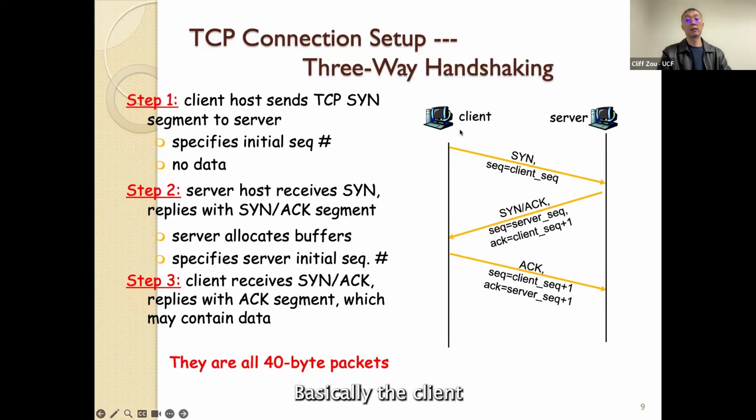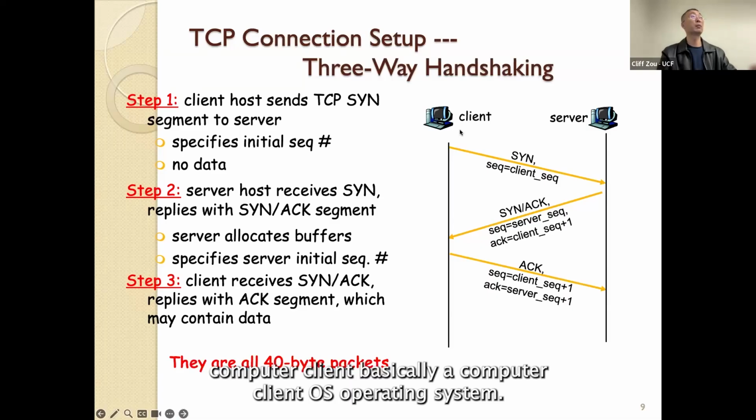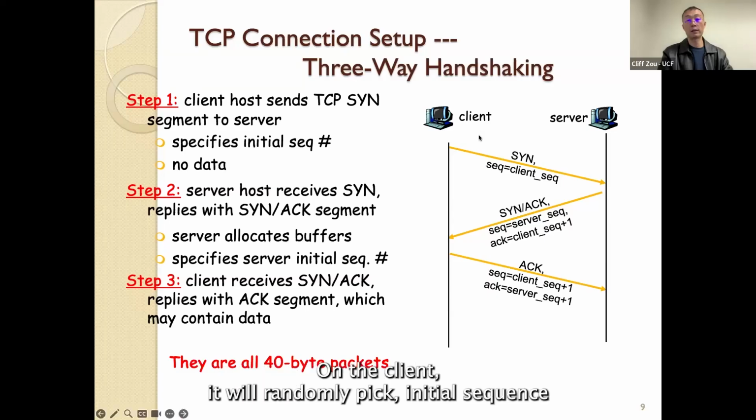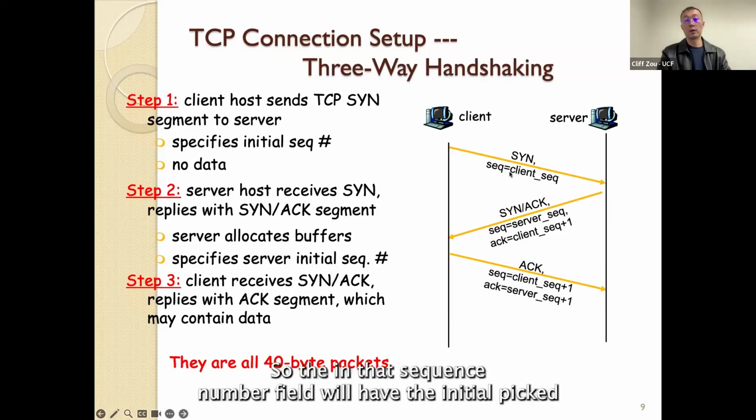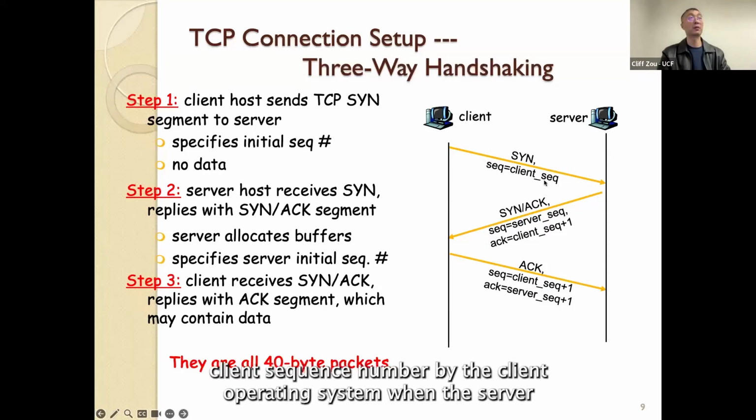Basically, the client operating system will randomly pick an initial sequence number to be used for its TCP connection. So the sequence number field will have the initial sequence number picked by the client operating system.